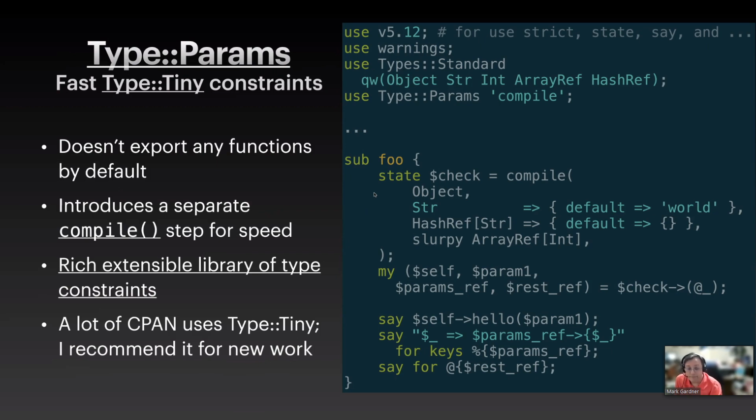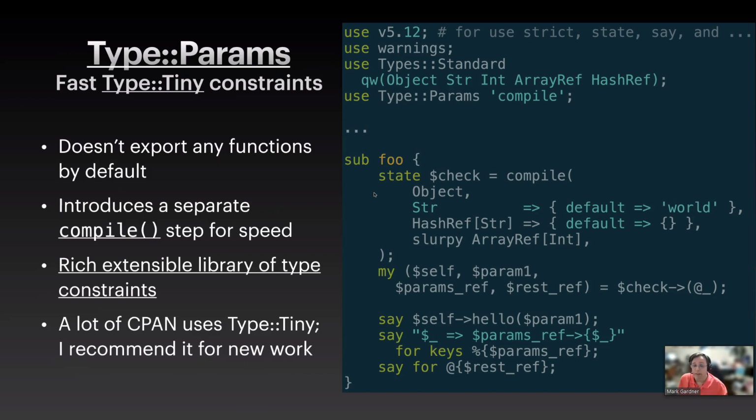I'm calling a method here called hello where it's passing param1. Params ref got a hash ref of strings, so I'm looping over those and reporting what's in those. And then also printing out what's in the slurpy array ref that came into rest ref.